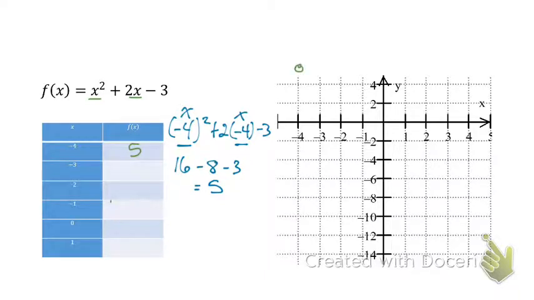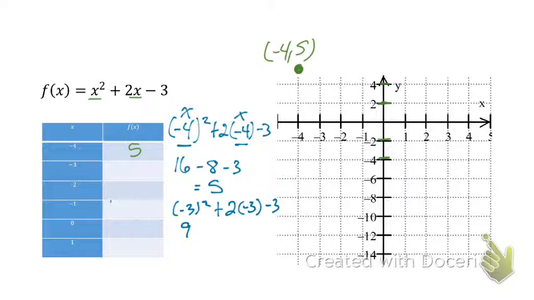On the graph, pay attention, our y-axis is going by 2's, and so we're going to be up about half a square at -4, 5. And we just repeat this process, but it can be time consuming. So if we put in -3, we'd have -3 squared plus 2 times -3, subtract 3.